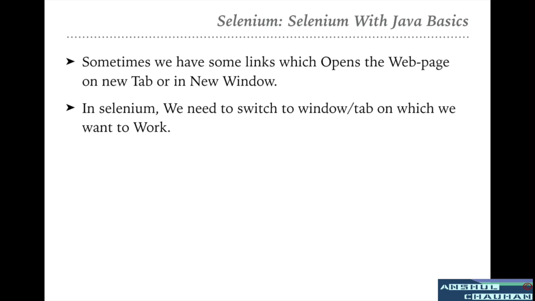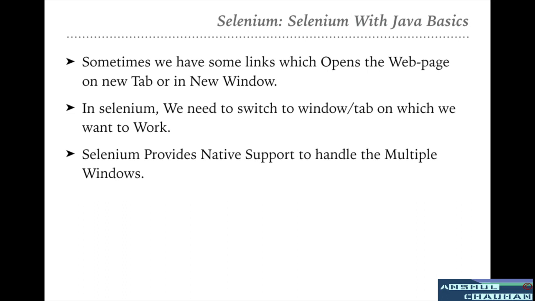By default, whenever an application is opened, the operating system provides a GUID to that application. So let's understand how Selenium works with multiple windows and tabs. In every operating system, whenever a new application is opened, it could be a browser tab, a browser window, or some other application, the operating system provides a particular GUID to it, and Selenium works with that GUID. Selenium provides native support to handle multiple windows.